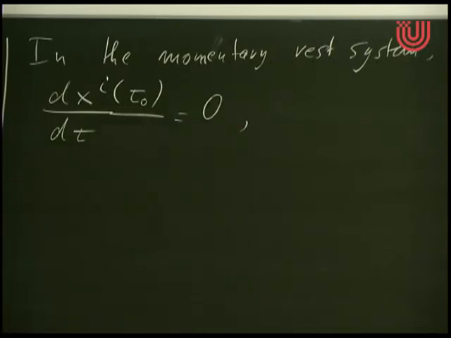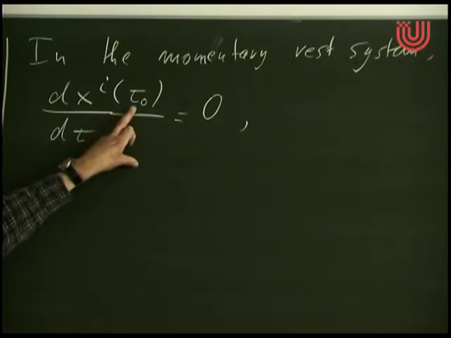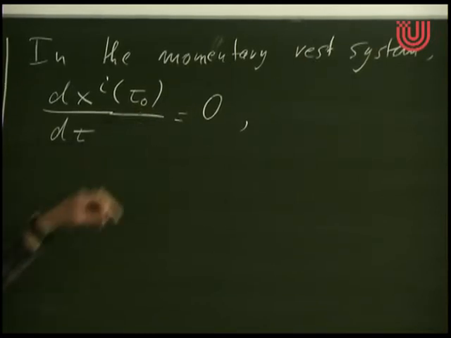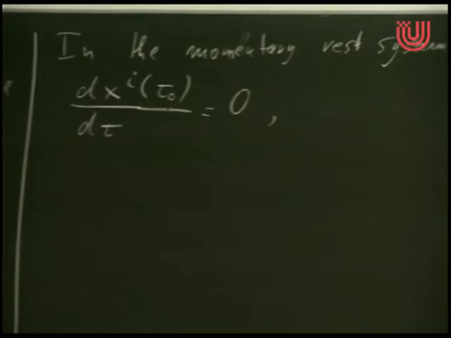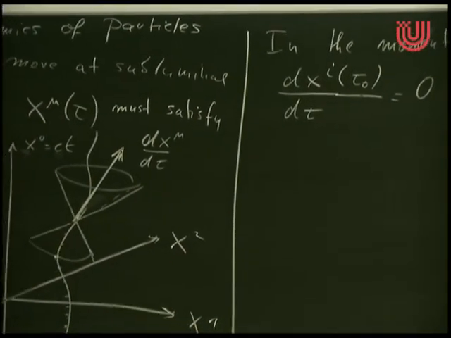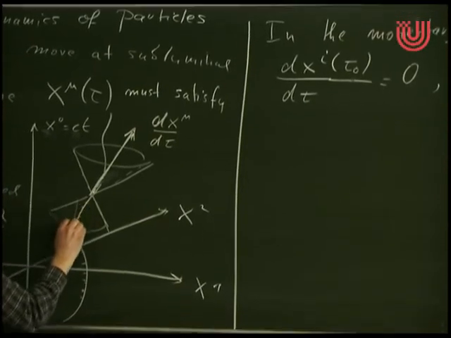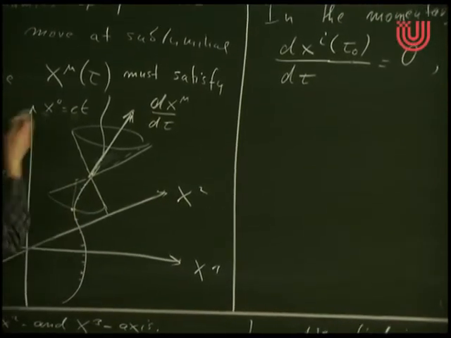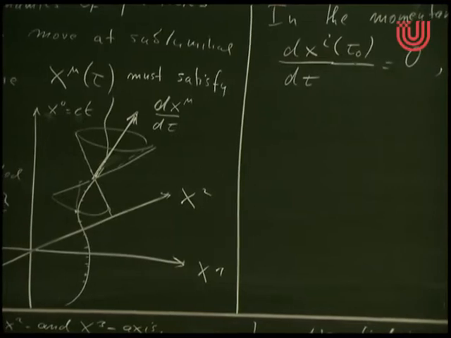This can hold in a fixed inertial system usually only at one particular event. At another event, it will no longer hold. That's the reason why I put the 0 here. It's a particular value of the parameter. So here, for instance, at this parameter value tau naught, where tau runs along this curve, the tangent is precisely vertical. So in this event, this equation holds.